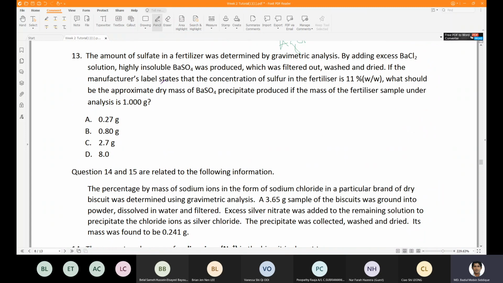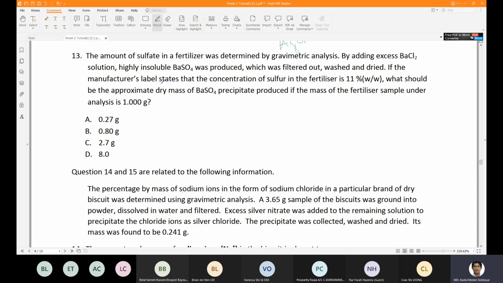Question 13 says that the amount of sulfate in a fertilizer was determined by gravimetric analysis by adding excess barium chloride solution. Highly insoluble barium sulfate was produced, which was filtered out, washed and dried.